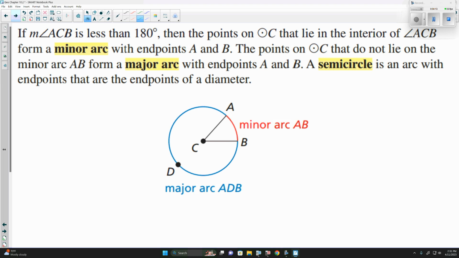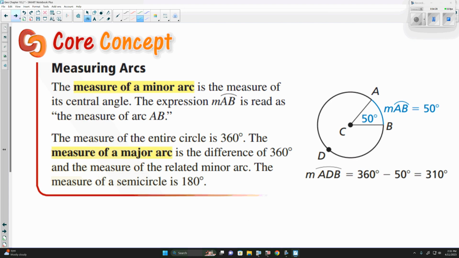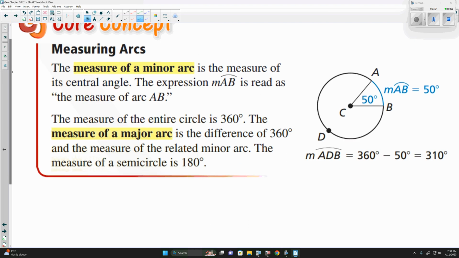And exactly 180 would be a semicircle. 180 degrees is half a circle, so it would be a semicircle. Semi means half. So, measuring arcs: the measure of a minor arc is the measure of its central angle.